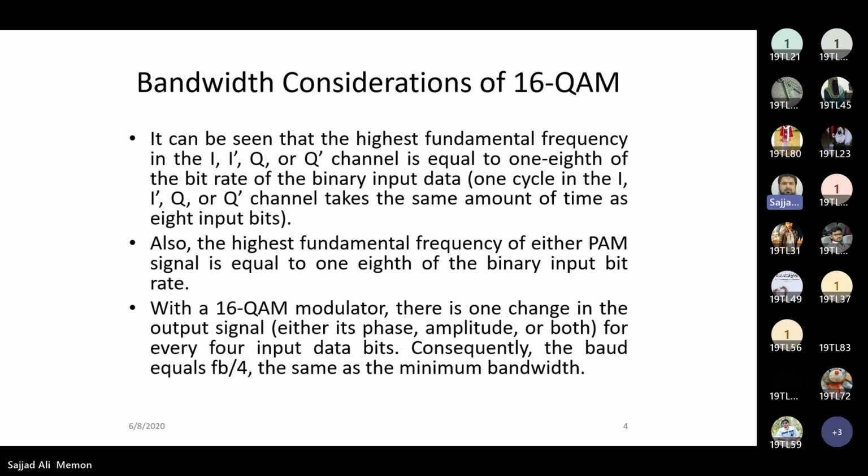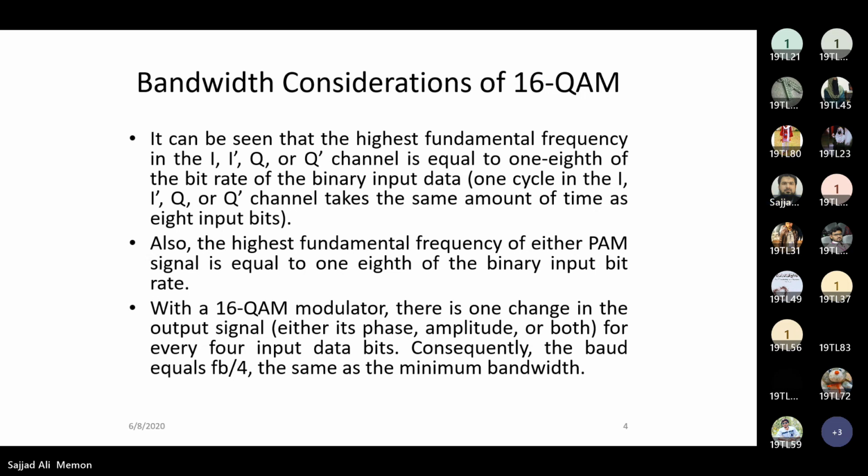So the bit rate is FB by 4. So the bandwidth will be FB by 8. That will be 1/8 of the bit rate. So with a 16 QAM modulator, there is only one change in the output signal for every 4 input data bits.